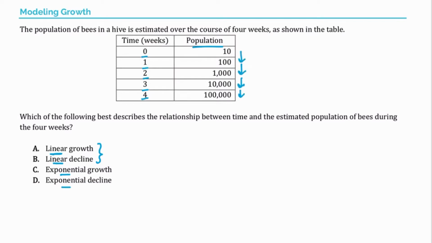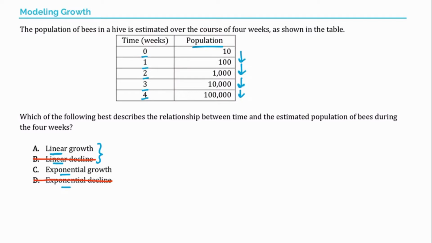So we know for sure that it's not going to be decline. The first thing I'm going to do is get rid of my 2 answer choices with decline. We're going from 10 to 100, 100 to 1,000, 1,000 to 10,000, etc. The numbers are getting bigger. But how they are getting bigger is the question between whether the answer is A or C.